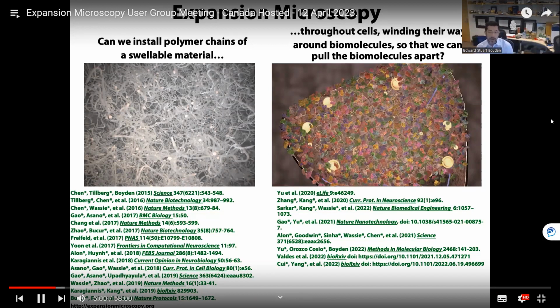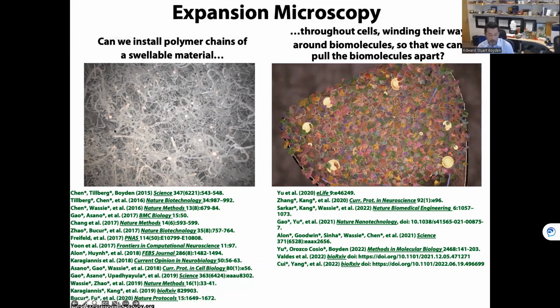a real strategy that would allow anybody to do nanoimaging, and hopefully to democratize nanoimaging. The basic concept is we take a specimen and we synthesize a swellable polymer throughout it. This is a polymer that, to first order, is kind of like the stuff in baby diapers. It's a swellable material, and we do it just right. We weave this polymer chemically inside cells and outside cells, around biomolecules, in between biomolecules, very, very densely.